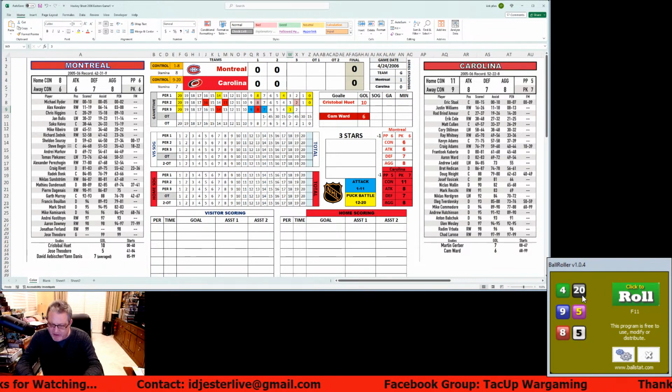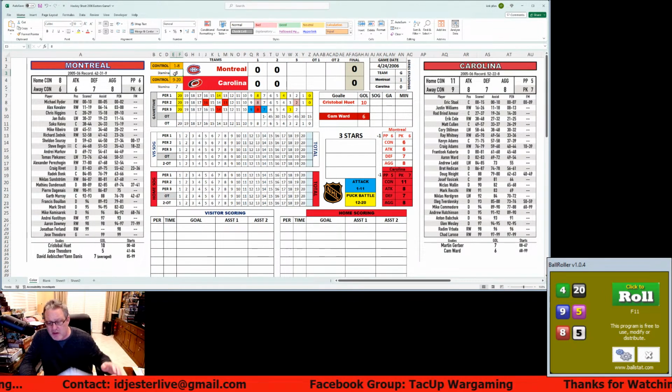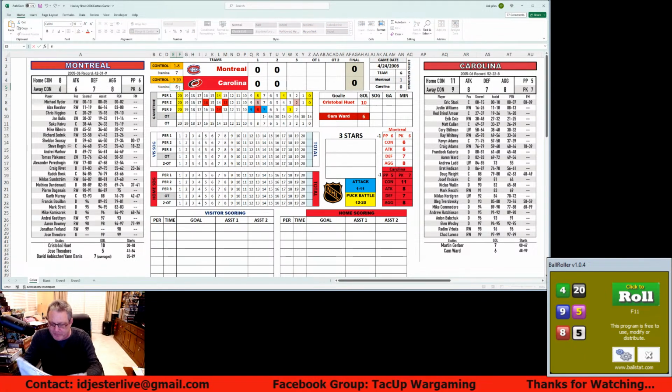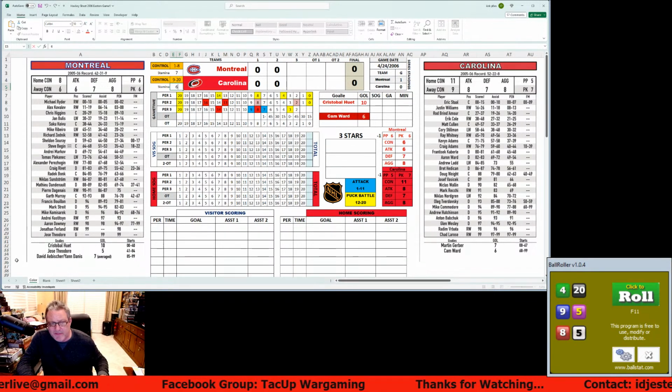An 85 in the third period. 85, war of attrition. Both teams deal a hit. Ooh. So we're down to 7 and 6 for stamina. If stamina of either team is 4 or less, a fight occurs. Nope, neither one is 4 or less. So nothing happens. There is 3 minutes to go in this one.